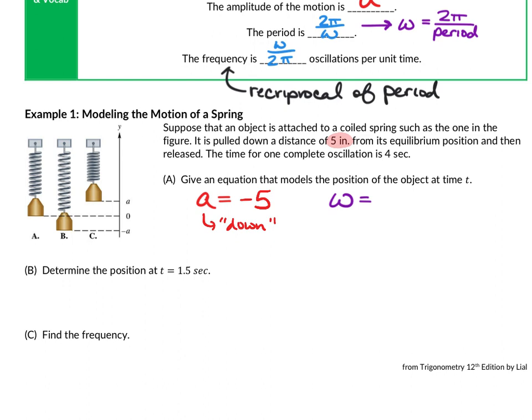We then go on to say that the time for one complete oscillation is 4 seconds. Well, that is the period of the oscillation, which means omega is going to be 2 pi divided by that number 4. And 2 pi divided by 4, if you reduce that fraction, the 2 and the 4 reduce down. That's just pi over 2.